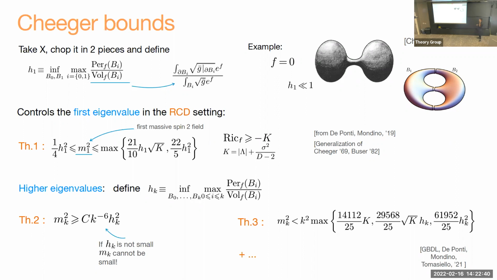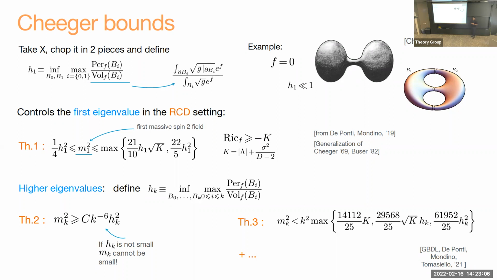What's with the k to the -6 factor? Does the bound become weak as k gets large, or should I think that h_k compensates for it? Well, these are independent. So k is the kth element of the tower. Yes, I understand. But h_k, you also chop into k pieces, yes. Then it depends on the manifold.